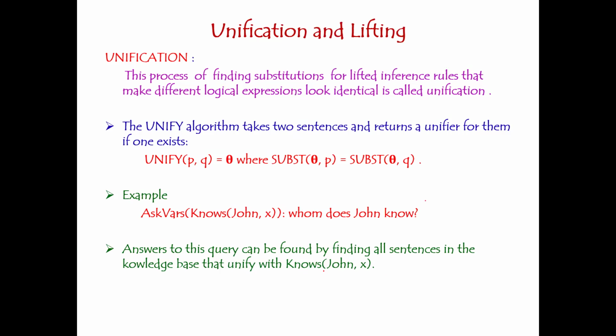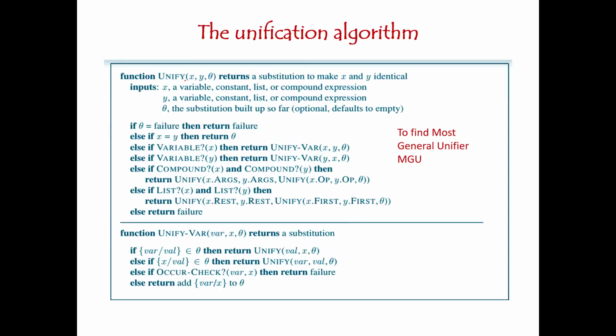So first let us discuss what the unification algorithm is, and then see an example. The aim of the unification algorithm is to find the most general unifier, MGU in short. We are trying to generalize. The algorithm looks like this: unify of x comma y comma theta returns a substitution to make x comma y look identical.